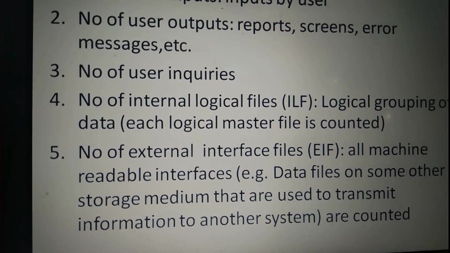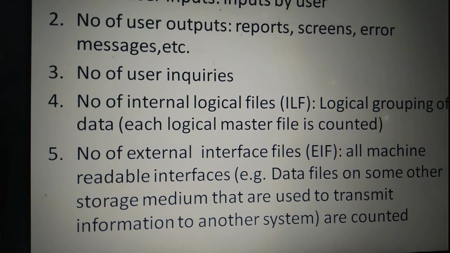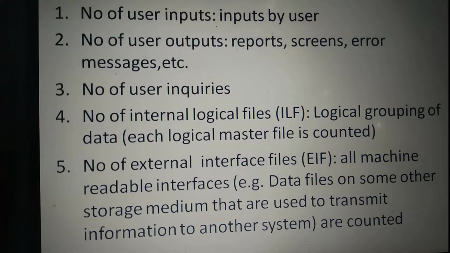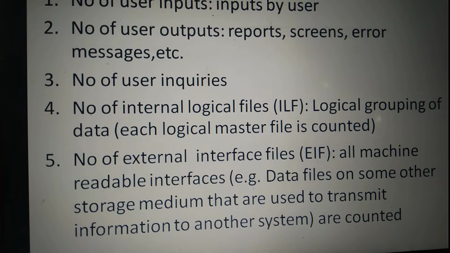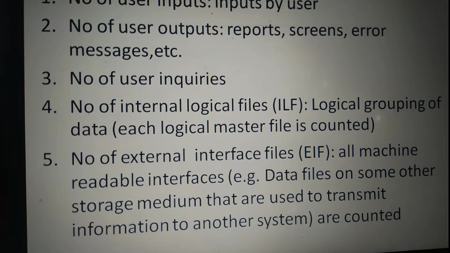Regarding the internal data file, it should be a logical grouping of data or control information meeting a specific requirement of the user. It should be completely maintained within the boundary of the software, and the file should be modified and maintained by an elementary process of the application.